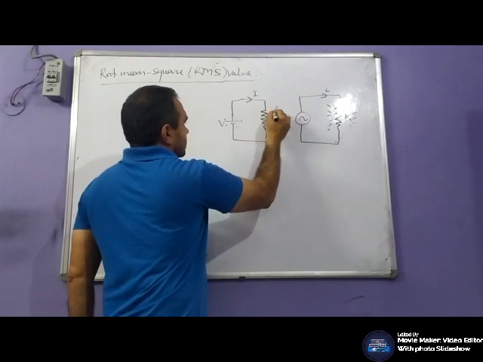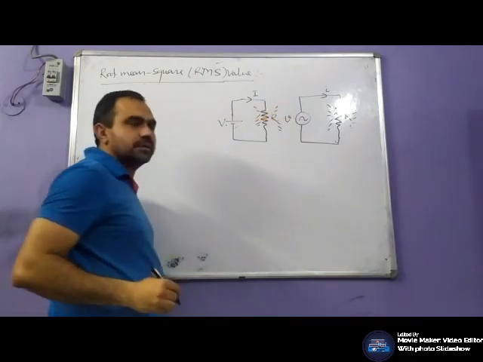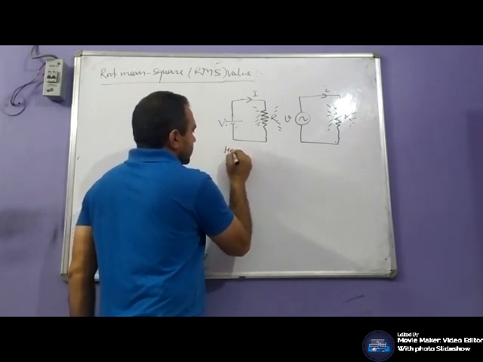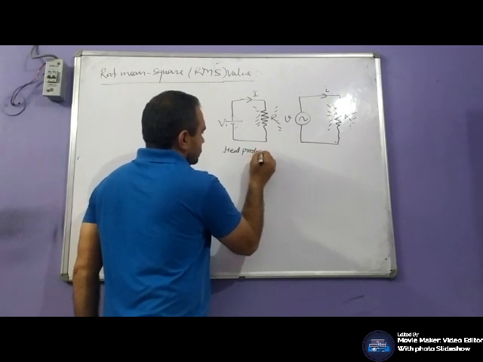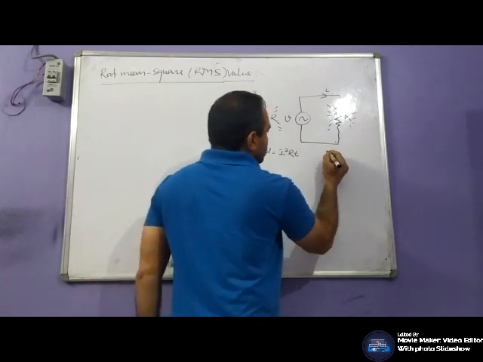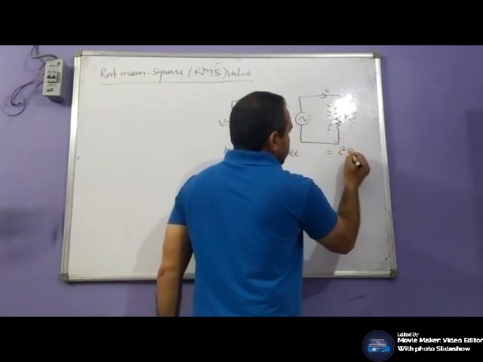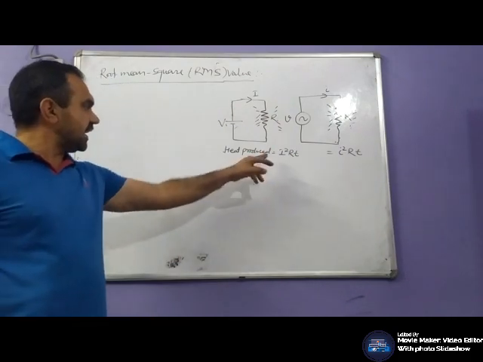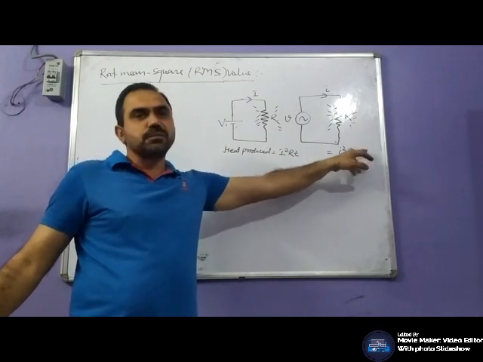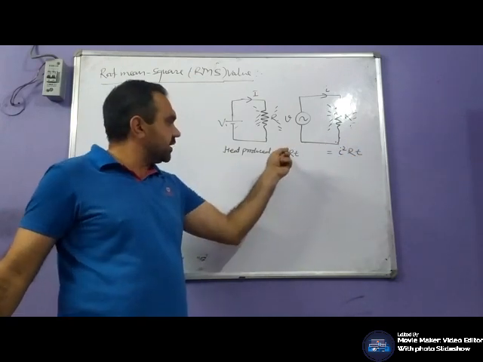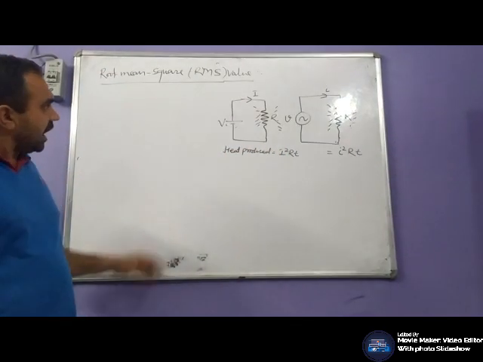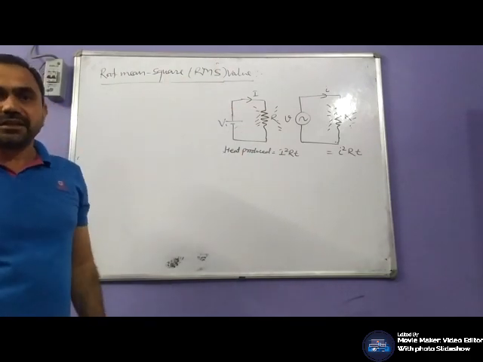For example, if the time is t, the heat produced is I squared R t. This is the steady state value which produces the same amount of heat as produced by the AC. Then that quantity value would be the RMS value, root mean square value, of the alternating quantity. How does its name come, root mean square?